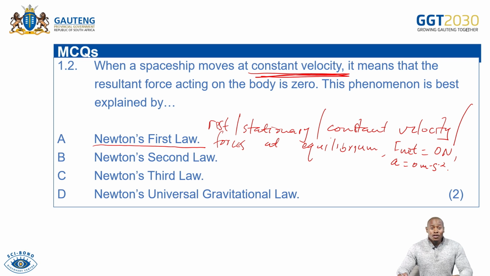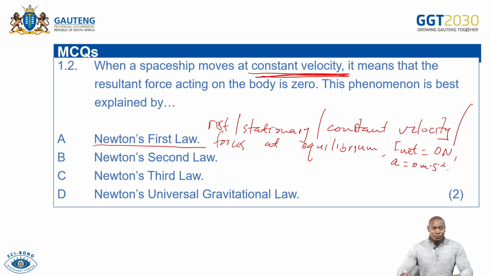Then Newton's second law, right? So in words, according to our exam guidelines, when a net force acts on an object, the object will accelerate in the direction of the net force with an acceleration that is directly proportional to what? To the force, and inversely proportional to what?